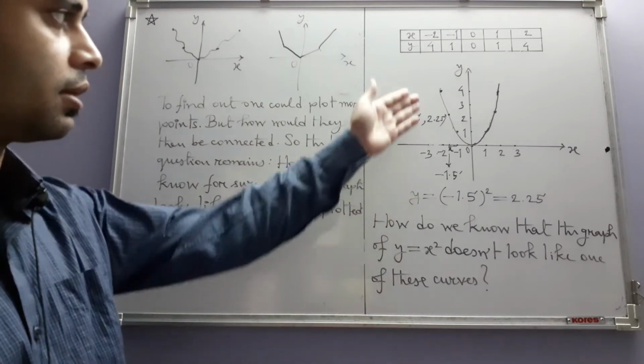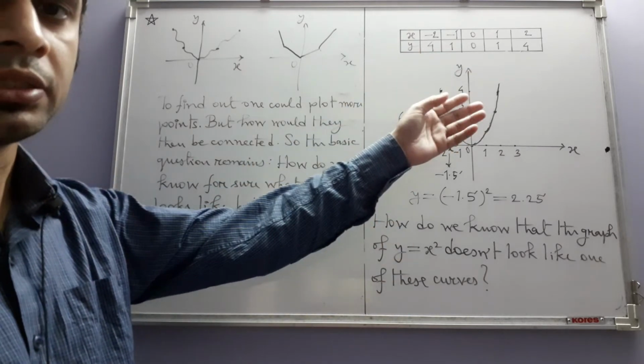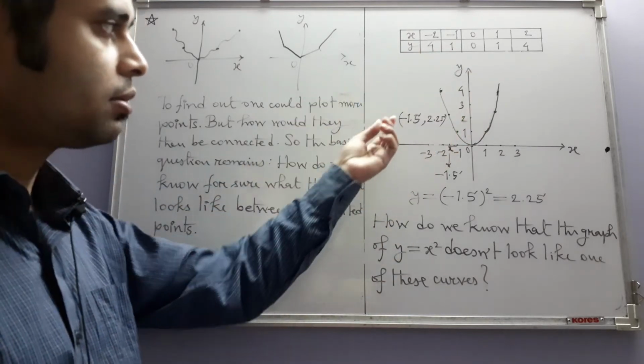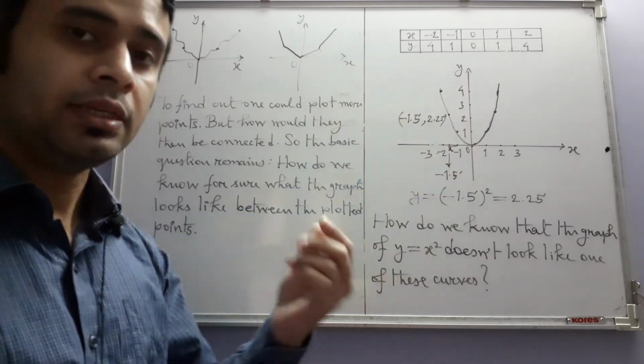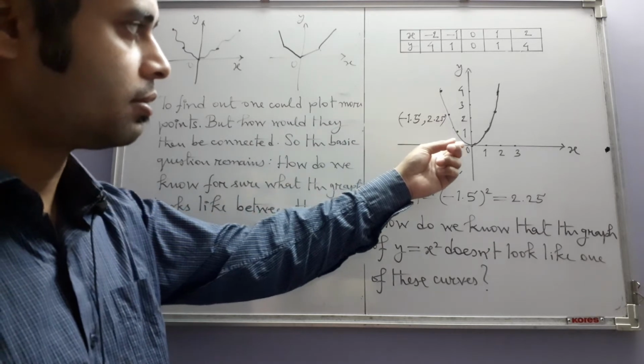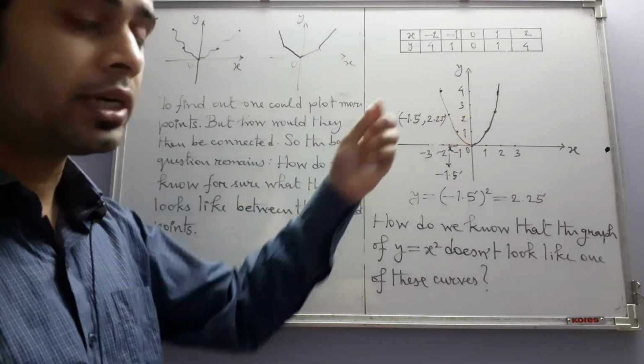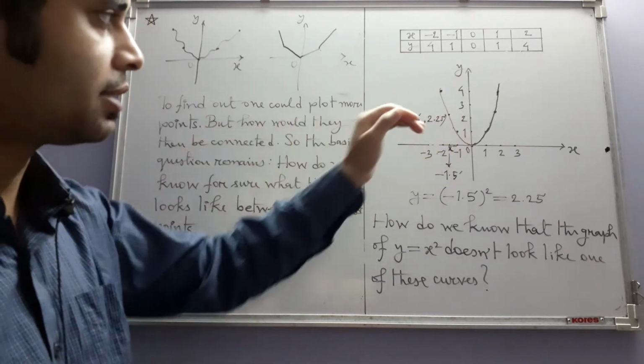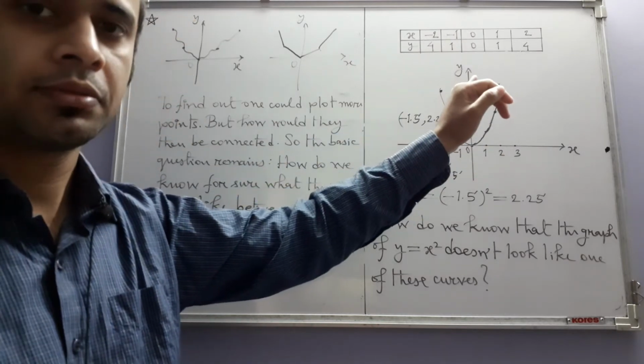The reason the graph passes through the plotted points is that the collection of all such pairs is the graph. So naturally the entire graph should contain those points in it. So that's why we join the points.